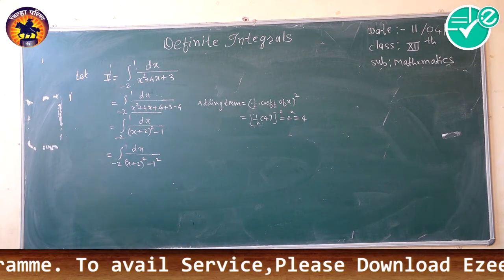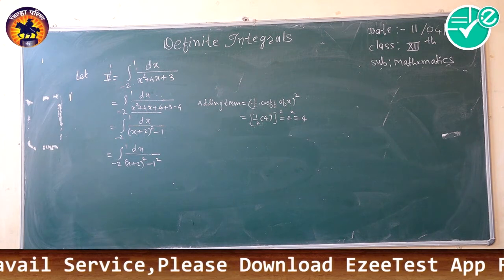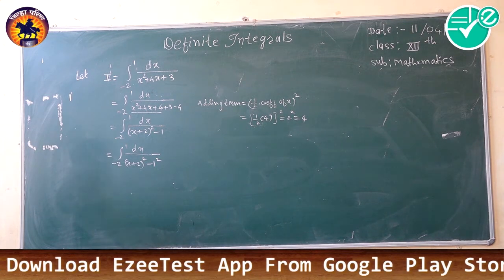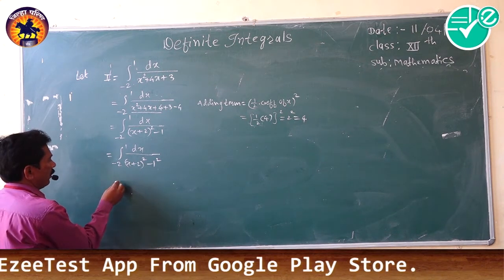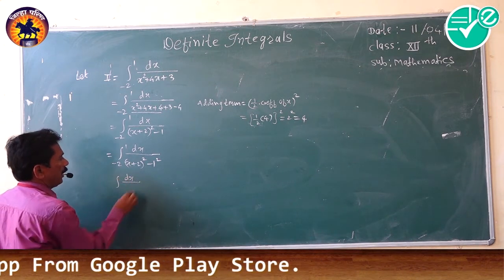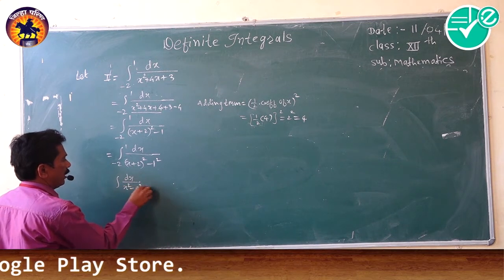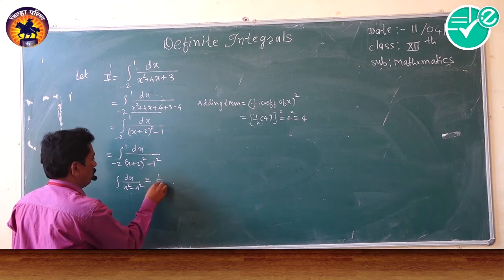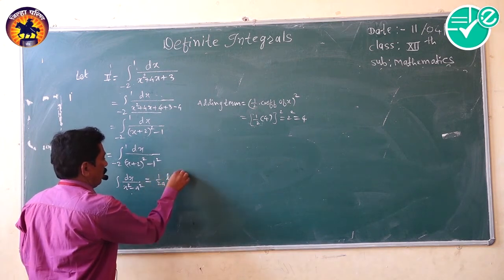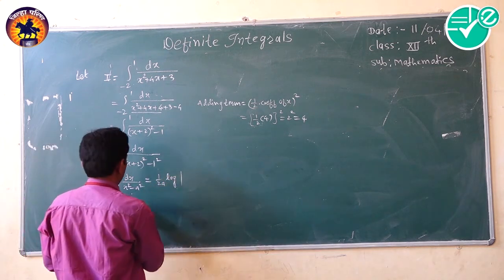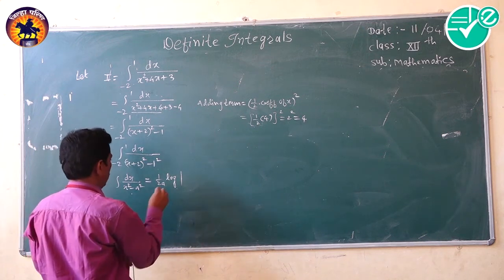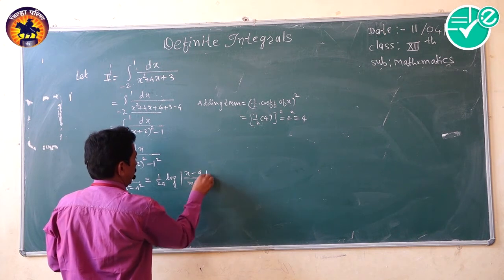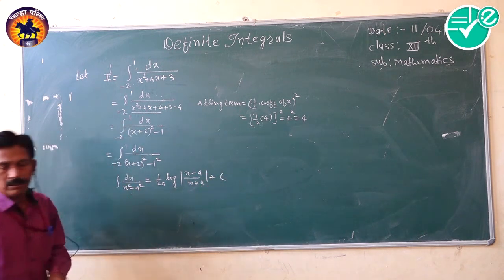Now using here the formula, integration dx upon x square minus a square is equal to 1 upon 2a log of x minus a upon x plus a plus c.